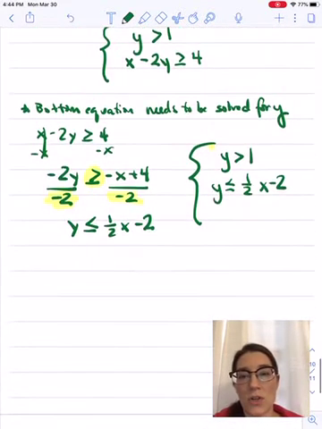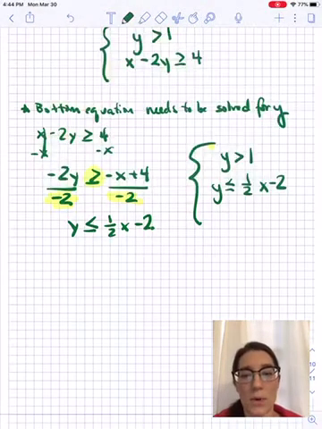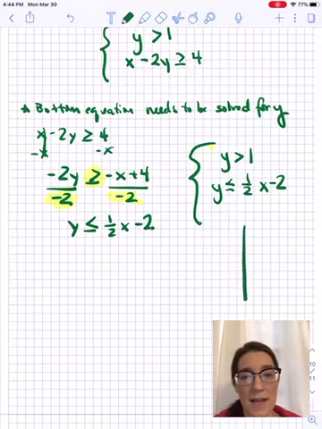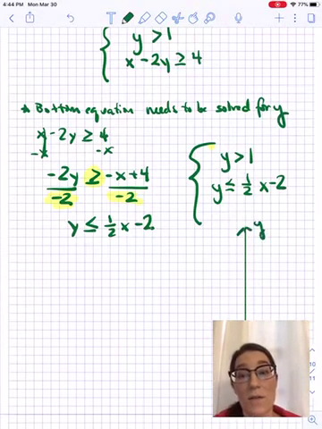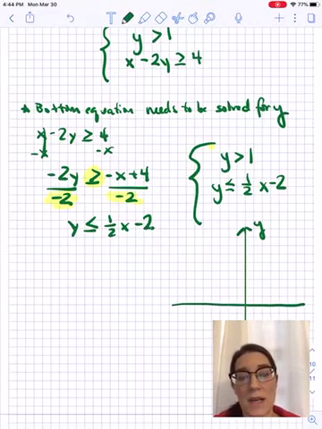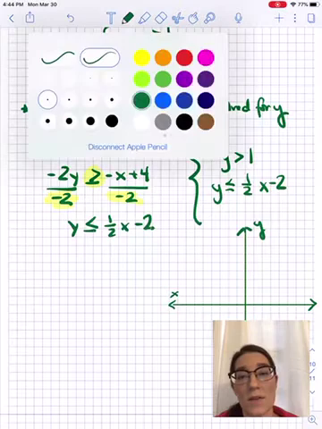Now I'm going to change my note paper to grid paper here so that I can draw an axis and actually solve. Remember, when you solve a system of inequalities, it's solved by graphing. Has to be, because our answer is a shaded region, not just an ordered pair. So the first line I'm going to graph is the first one up top, y is greater than 1.